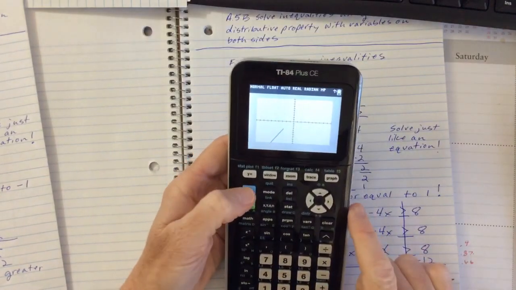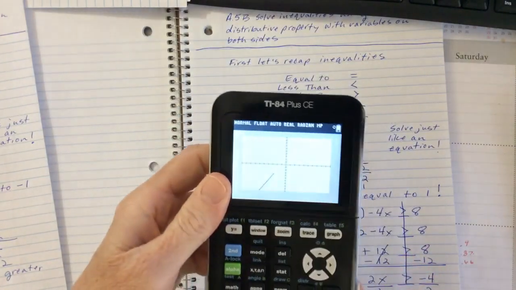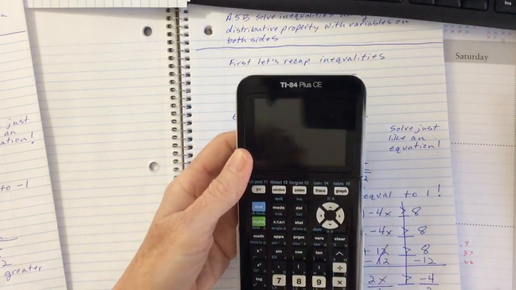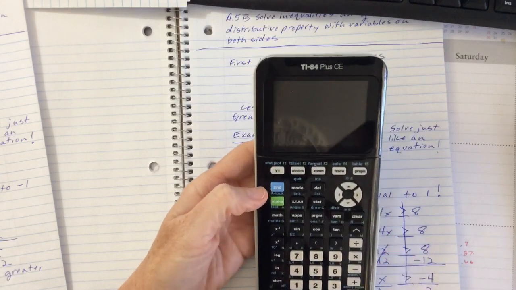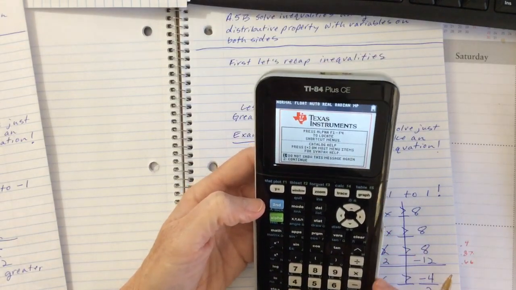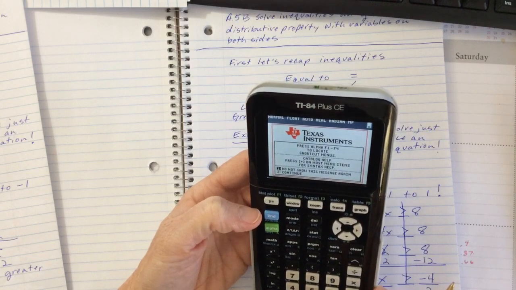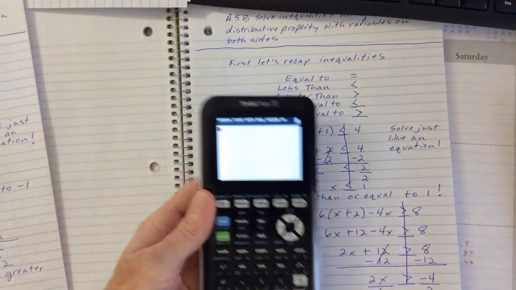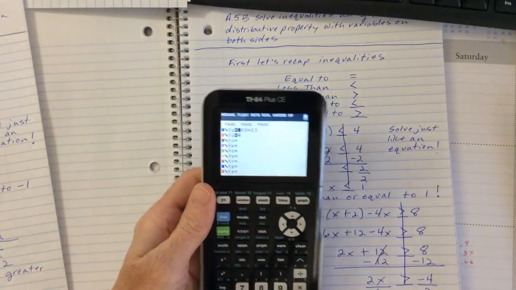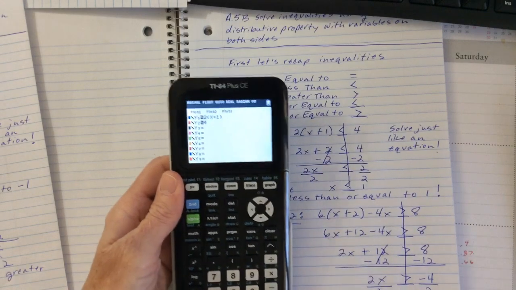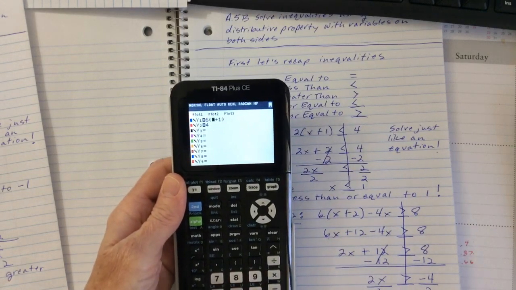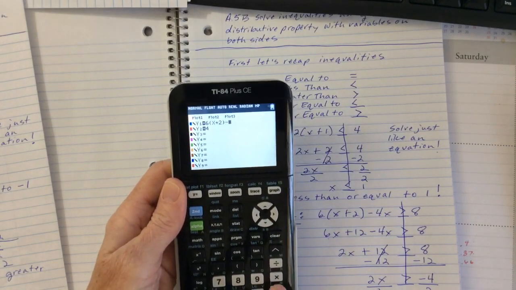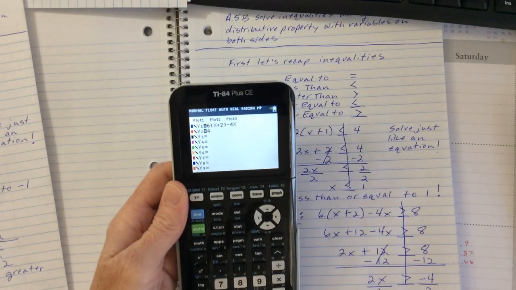Let's see what the calculator's doing. Might have to turn it off. And let's turn it back on. There we go. So let's put that in the calculator. Hit y equals, and let's put 6 parenthesis x plus 2, close it, minus 4x, enter.